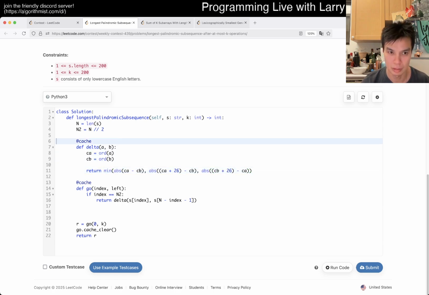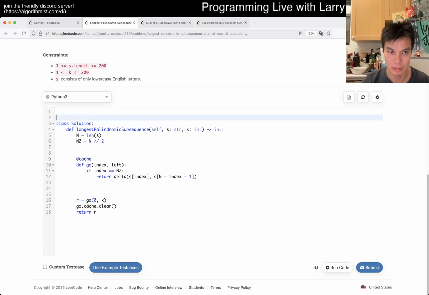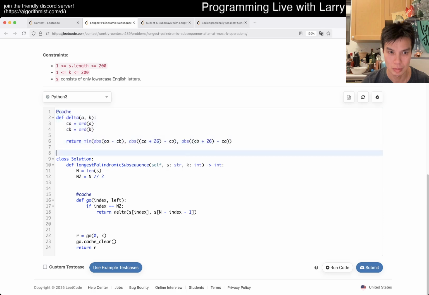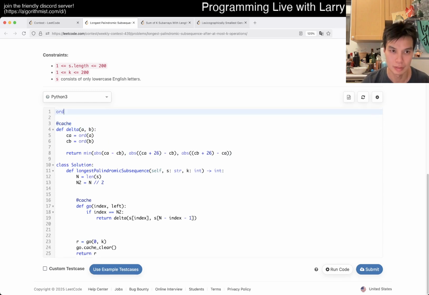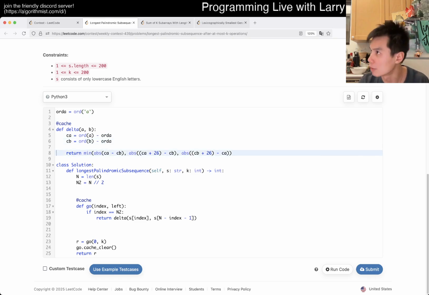Something like this. Yeah. Might as well, even though it shouldn't matter, but I think that's just easier for me to reason.